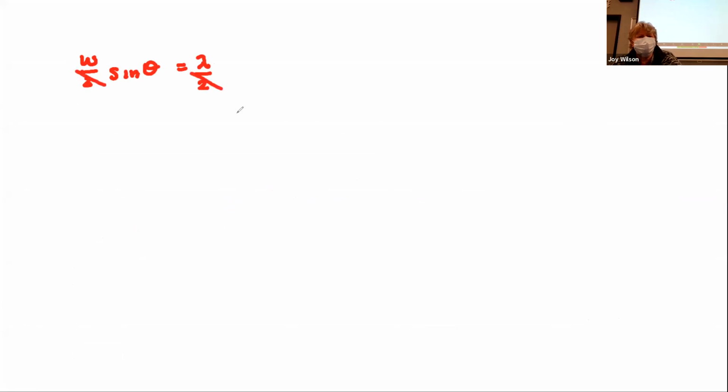So the 2's cancel out. We get wavelength. Then we use our small angle approximation so that sine theta is lambda over W. Okay?